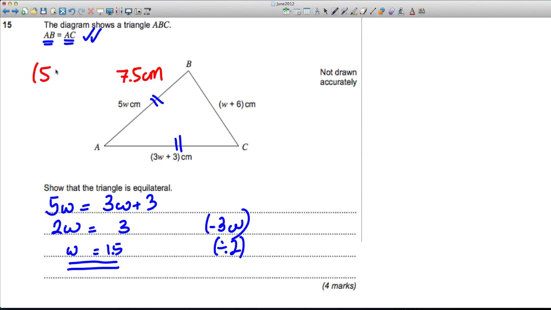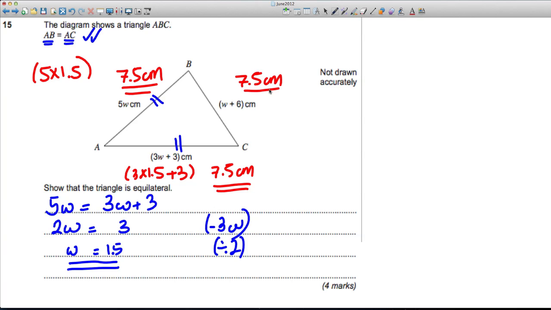Okay, and we should probably write 5 times 1.5 to show what we've done. Here, we would do 3 times 1.5 plus 3. Now, 3 times 1.5 is 4.5 plus 3 is 7.5 centimetres. Okay, and here, 1.5 plus 6 is obviously 7.5 centimetres, and you state all sides 7.5 centimetres, so equilateral.